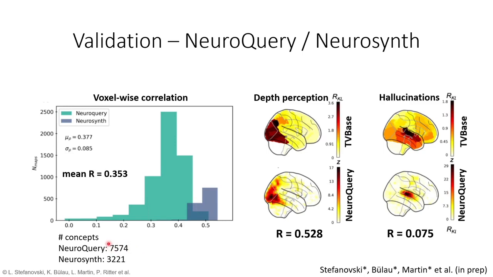You can see there is a sufficient, but not one-to-one, correlation between the maps from NeuroQuery and those from TV-based. But this is a rather methodological difference, because NeuroQuery reports peak activity coordinates, so it's rather defined areas with the most relevant peak activities, while TV-based maps all associations, in a more systematic fashion.